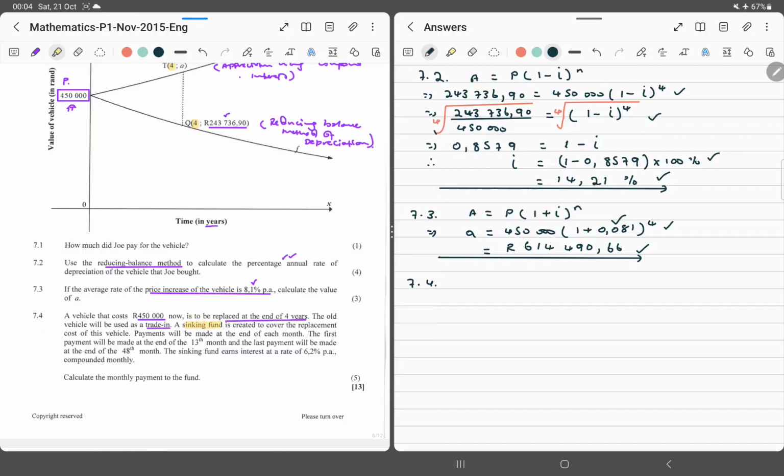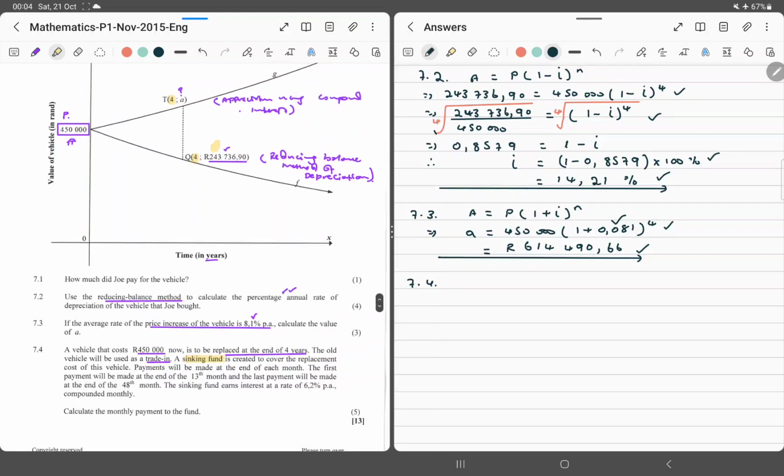Now we're told a sinking fund is created to cover the replacement cost of this vehicle. So that means when we trade it in, we'll be trading it in at this amount right there. And then, yet this one will be costing that amount over there, right? Right, so the sinking fund is going to be for the difference, right?